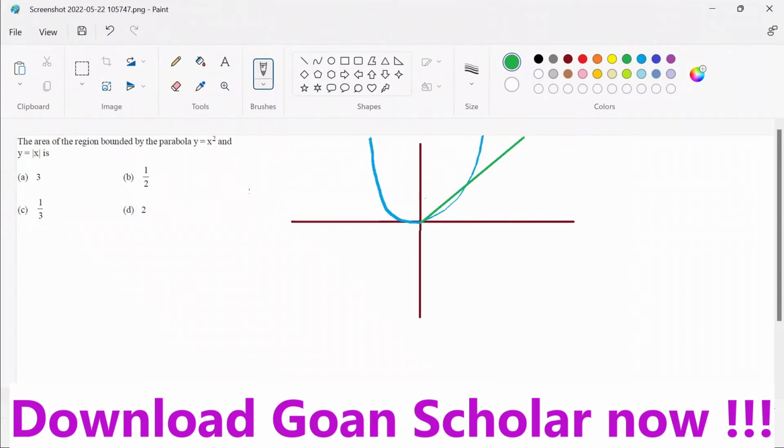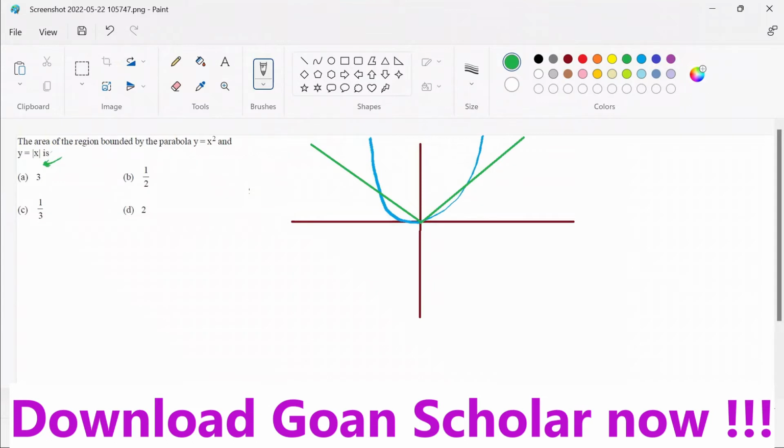What if x is minus 1? If x is minus 1, y is still plus 1. So x is minus 1 on the left hand side, but y is plus 1, so that will give you the second quadrant. This green part is the equation of the modulus function.